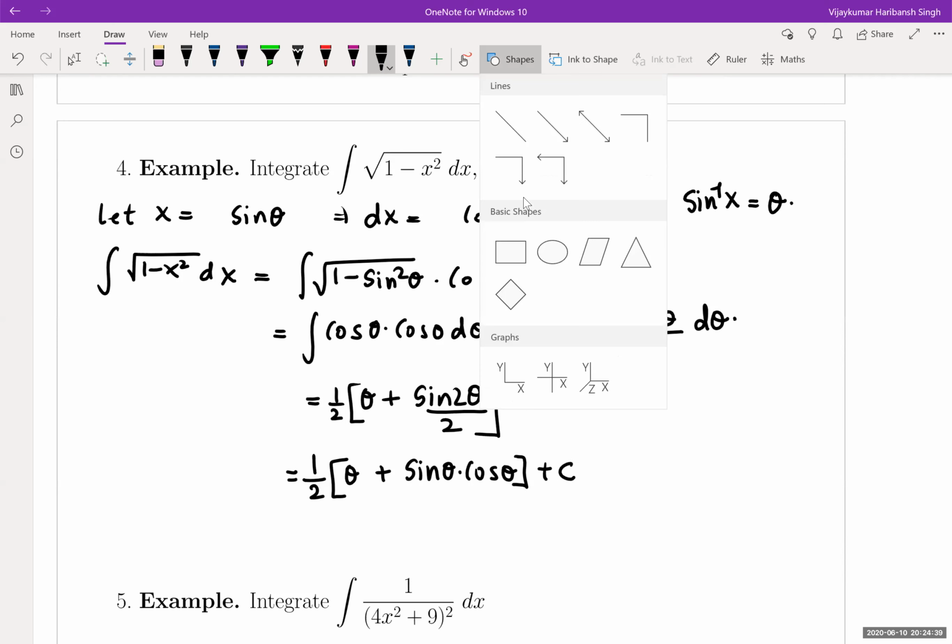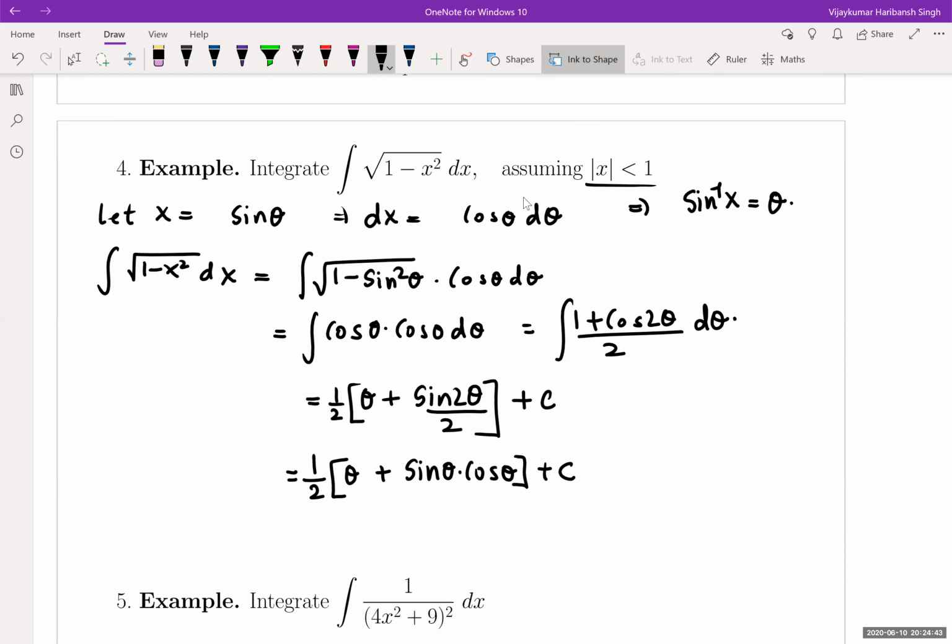Now, let's see the following triangle. If this angle is theta, we have sine theta as x, so x over 1, since sine theta is opposite side upon hypotenuse. So this side is going to be, using Pythagoras theorem, square root of 1 minus x squared.